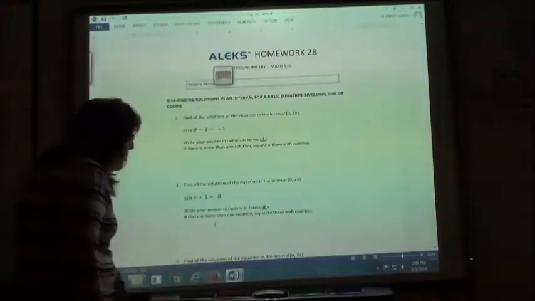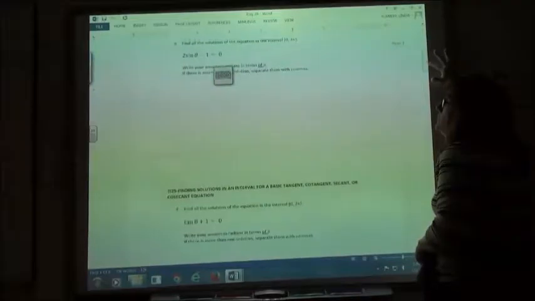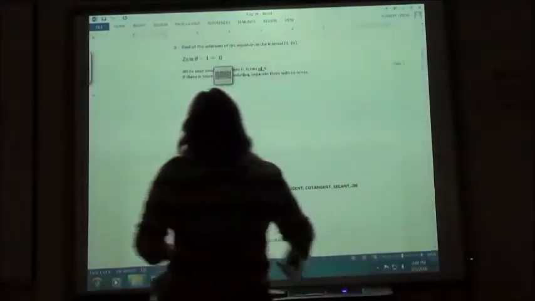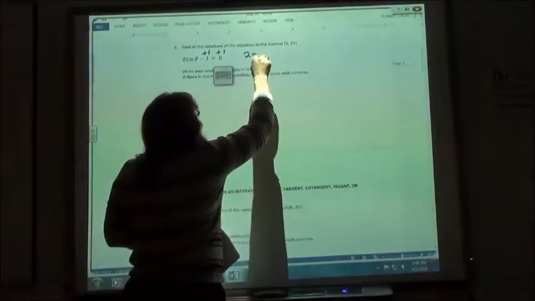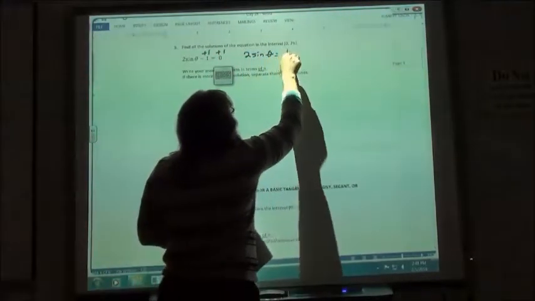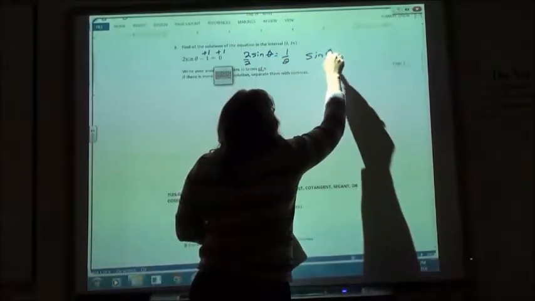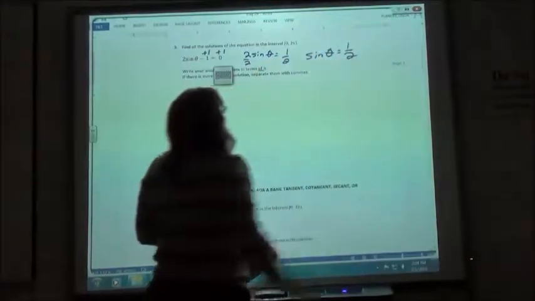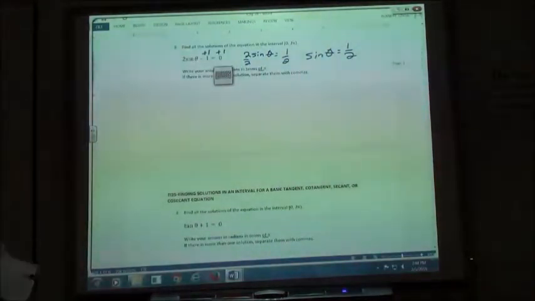Going back over here to problem number 3, I've got to solve that one for sine, so first of all I'm going to add my 1. 2 sine of theta equals 1, dividing by my 2, sine of theta equals 1/2. So again, I'm just going to pull out my sheet and look on my sheet for where my sine is equal to 1/2.